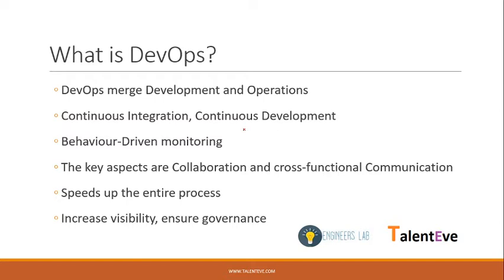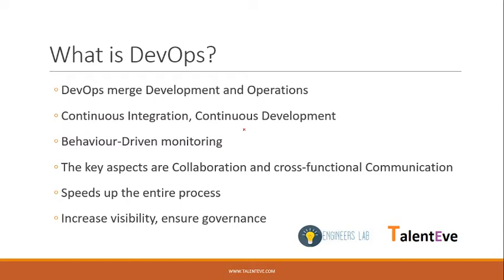So you know what is working and what is not working well during your development phase itself, and you get a chance to work on it. Now, to achieve this, one of the important points is you must have good collaboration and good cross-functional communication.